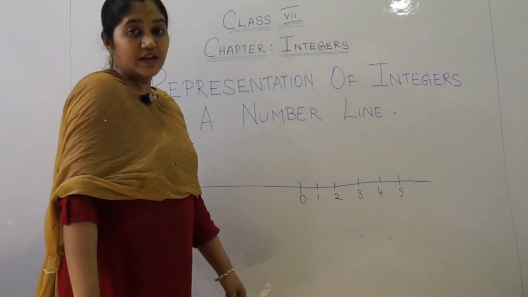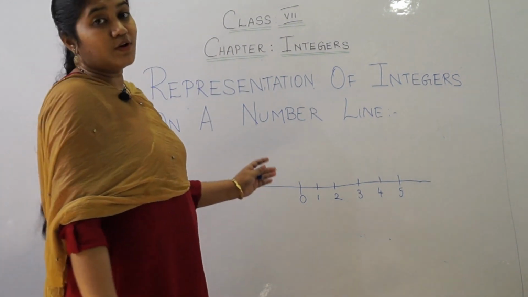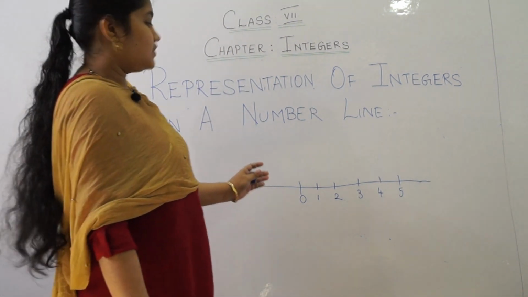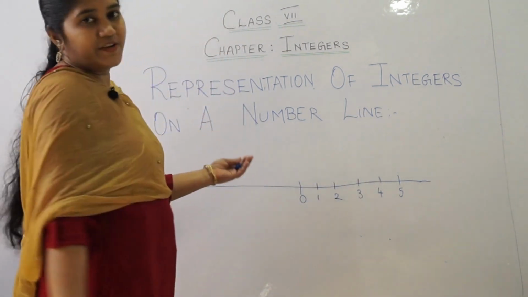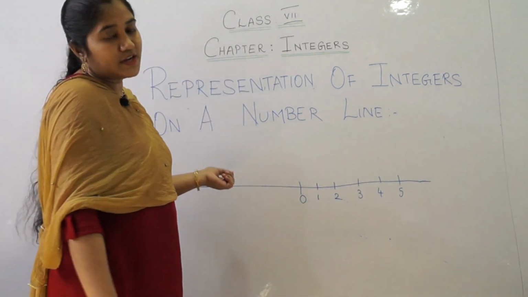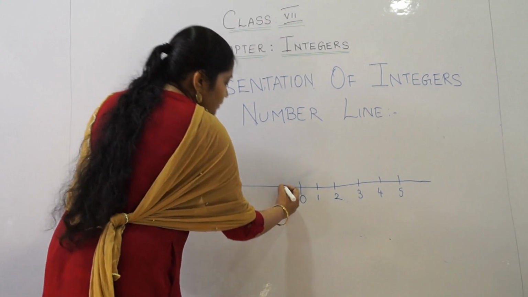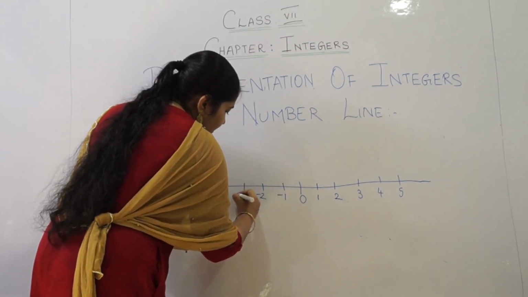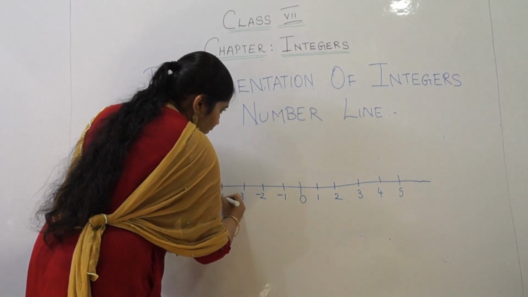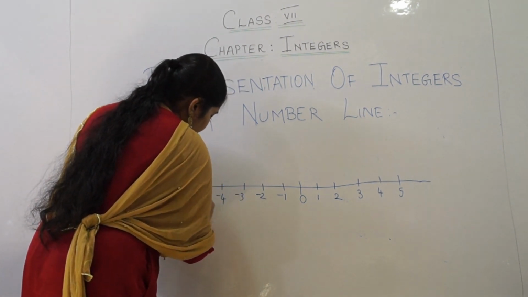In other words, the positive numbers lie to the right of 0 in a number line. Obviously the negative numbers are going to lie on the left of 0. So to the left of 0 we have -1, -2, -3, -4, -5 and so on.